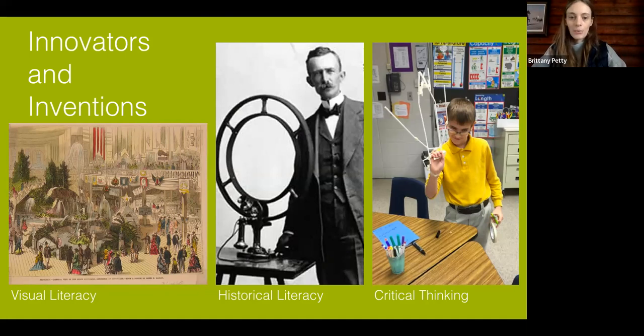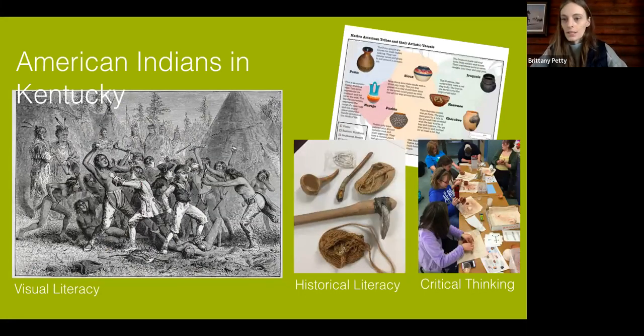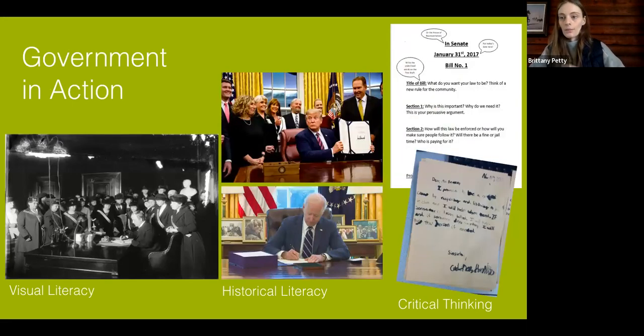Here's another example of learning about frontier life, pioneer clashes with the original Kentuckians, and using artifacts, learning about pottery, and then creating pottery of their own. So, you can build on it. Writing a bill, but you could start with the image, start with just talking about an image and building upon it.